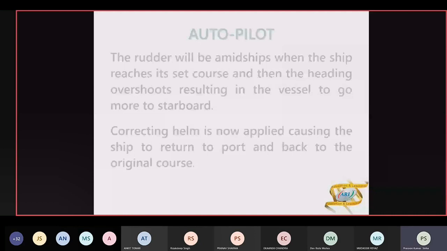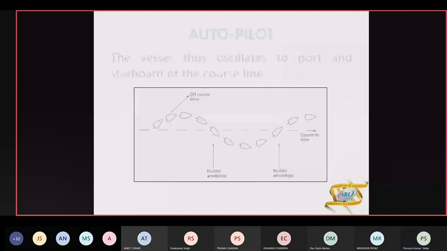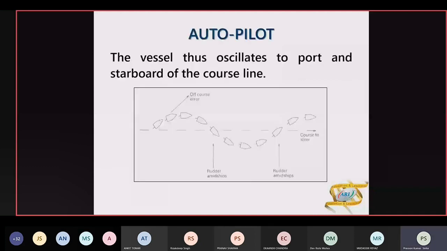So every time the ship is coming to the set course, the rudder is coming to midship. But the ship was swinging at that time, and so she overshoots. This is the result of only proportional control.